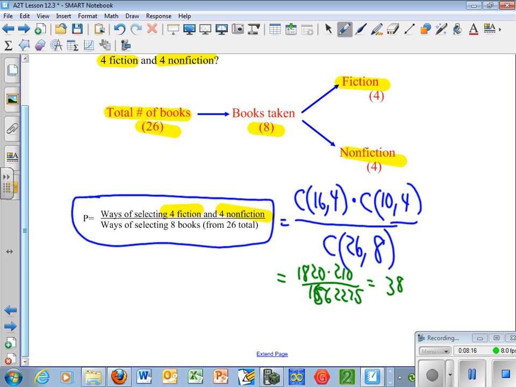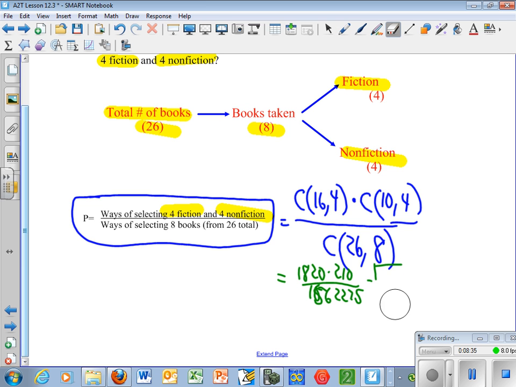So 382, and I'm not going to show the calculator. You can check that on your calculator right now. But that would be, I'm sorry, that's the top, 382,200. And then we're going to divide by, let's erase that.